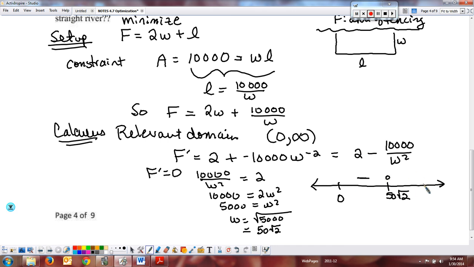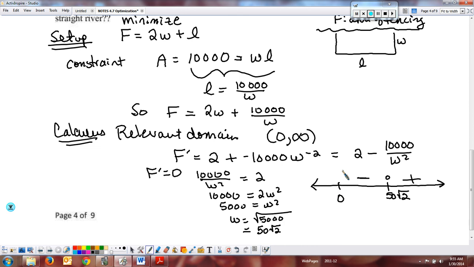What happens over on this side? Whatever this is, it's 50 square root of 2. When you square it, you get 5,000. 2 minus 2, that's why we're getting the 0. So it should be positive. Actually, let me take that back. That would be negative. No, it actually would be positive, because I am going to end up subtracting a smaller number than 2 once this gets large enough, so that would be positive.